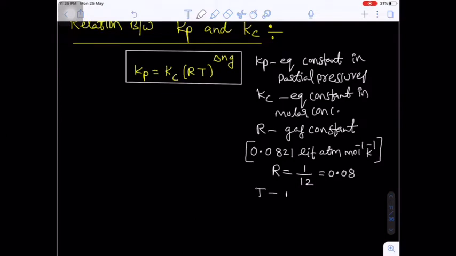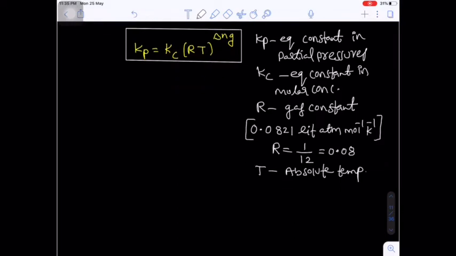Now what is the T? T is the absolute temperature. Now the important thing is the delta Ng. What is the delta Ng?